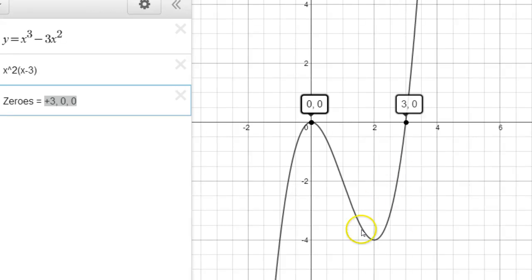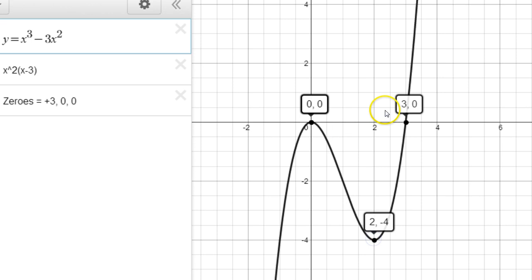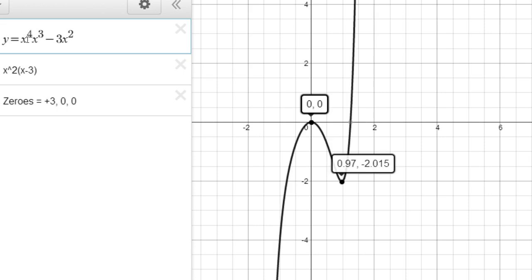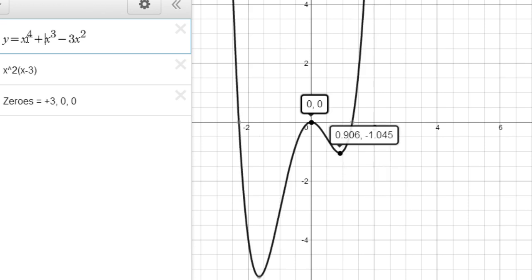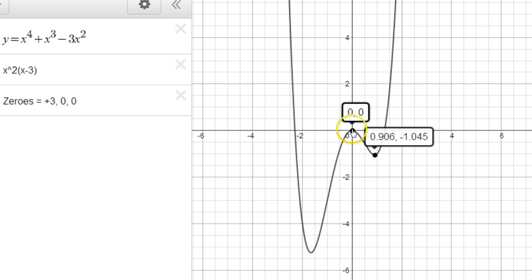Now these would be local max and local min right here that you would focus on, whereas if I made this, let's go x to the 4th plus, there we go. Okay, now right here I would have a local max, a local max, a local min, and this would be a global or global minimum right here.